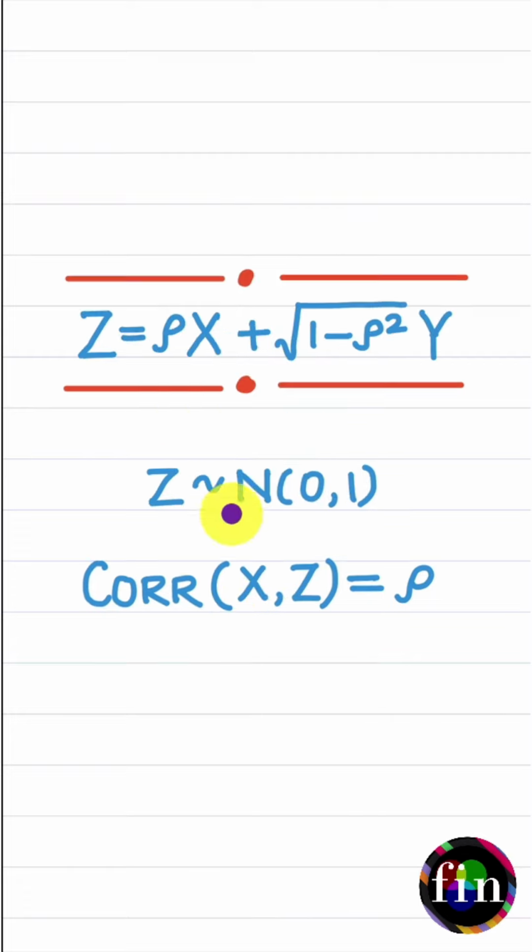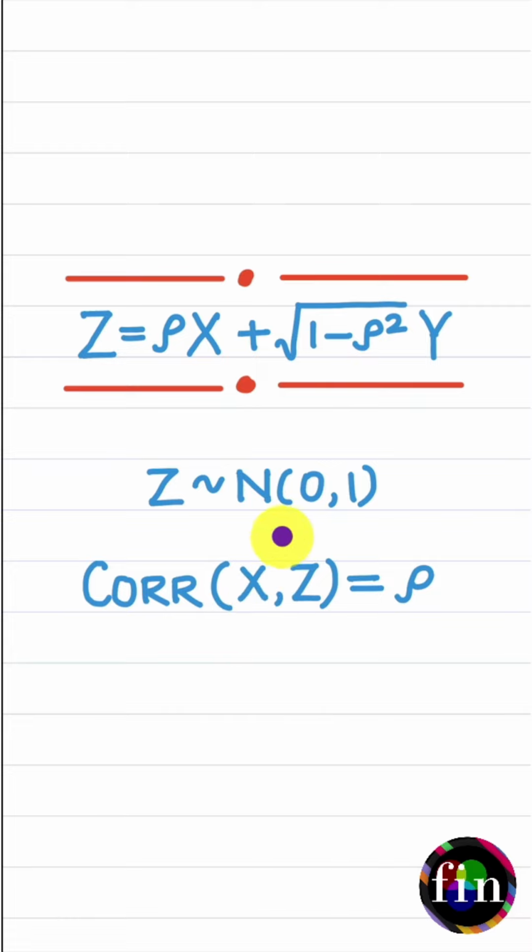The trick here is to create z as a linear combination of x and y, with the weight for x being the specified correlation rho and the weight for y being the square root of 1 minus rho squared. You can use your knowledge of basic statistics to prove that z constructed in this manner indeed follows the standard normal distribution and also has this specified correlation rho with the first variable x.